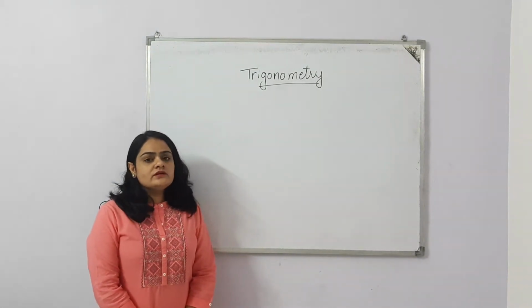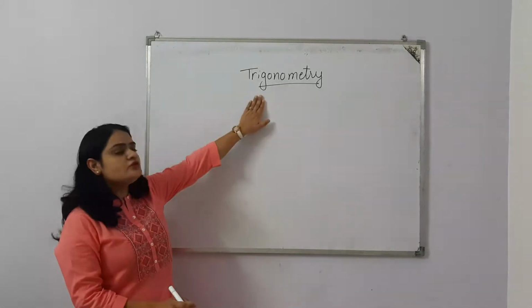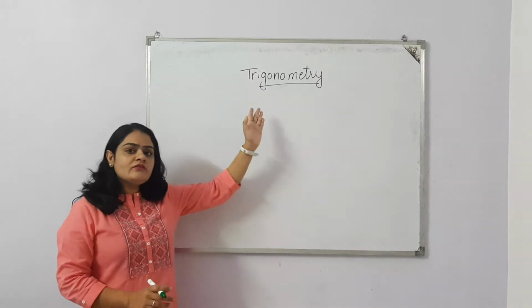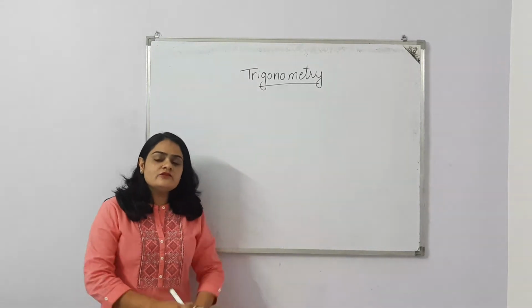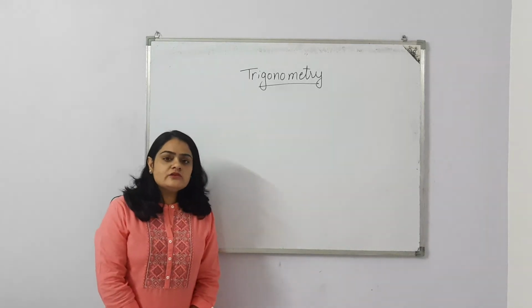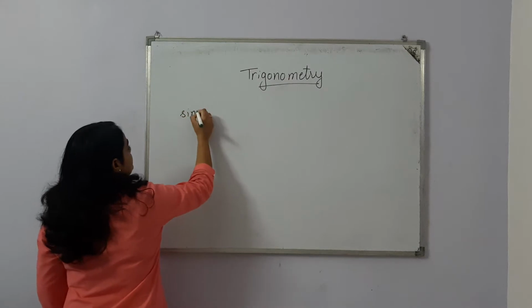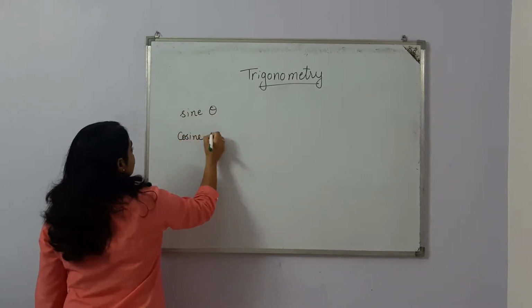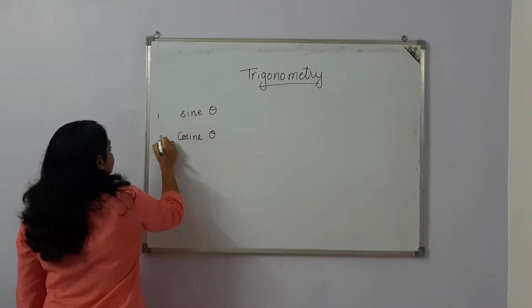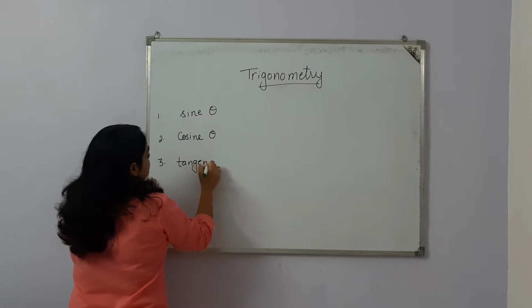Now, today onwards, we are going to start the very important topic which is called trigonometry. You have a little bit of a hint, you have already read about trigonometry in 10th class as well. There are a total of 6 trigonometric ratios. One is sine theta. Next one is cosine theta. Third is tangent theta.